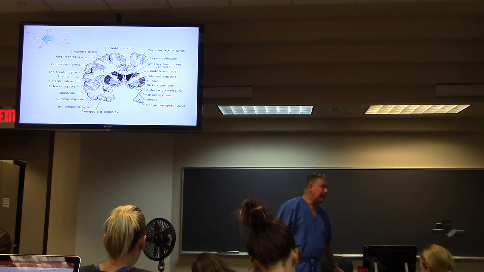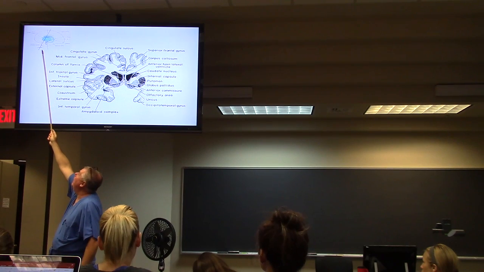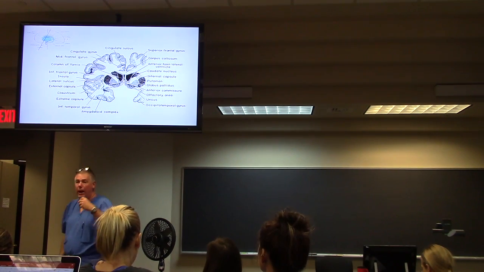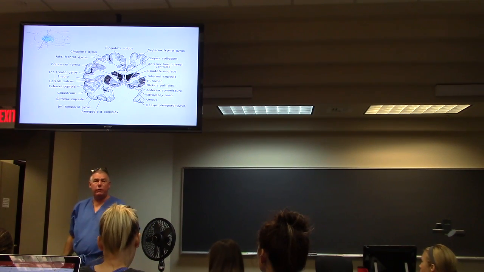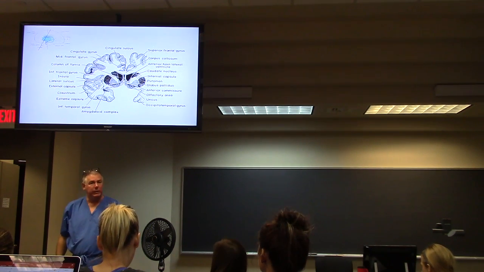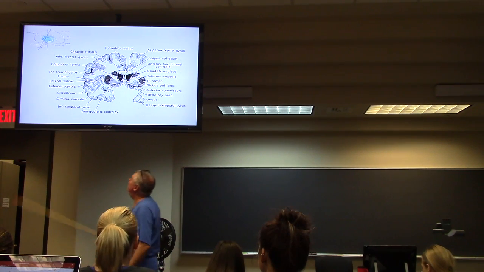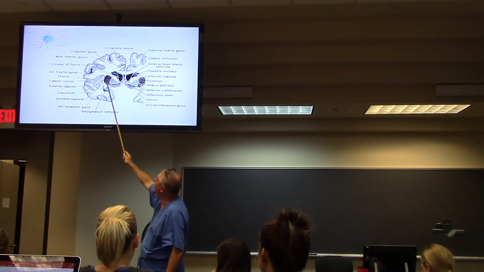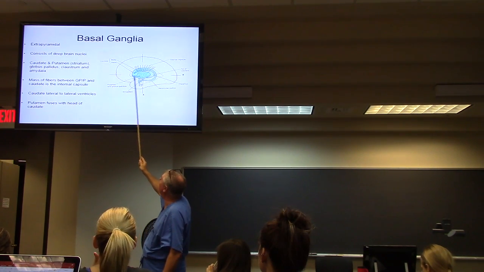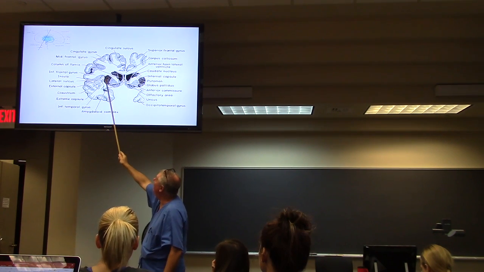If we take this section here through the brain, you're going to see where we are here. That section is far anterior, and you'll see it doesn't cut through the thalamus. So in this section, you don't see the thalamus. What you see here is the outside of what we were just looking at. So from the outside, there's the putamen right there.